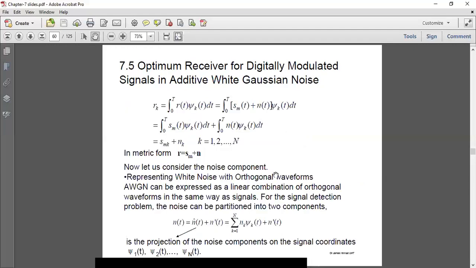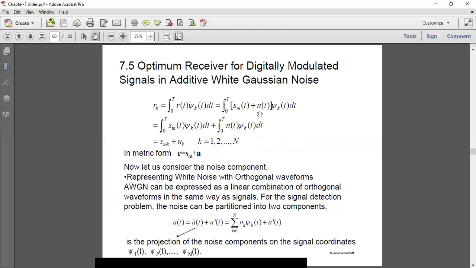Mathematically it will look like this: any rk, where k can be 1 up to n, is the cross correlation of the received signal. So r of t is multiplied by this basis function. Basis functions include the carrier frequencies. Then we can put the value of r over here, Sm plus noise, times phi of k.